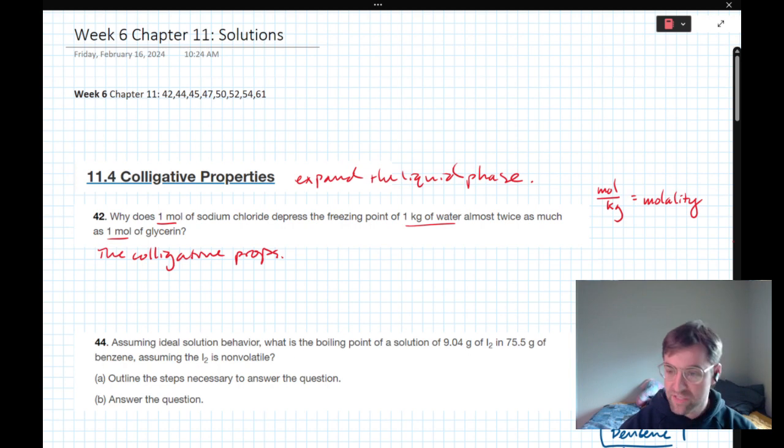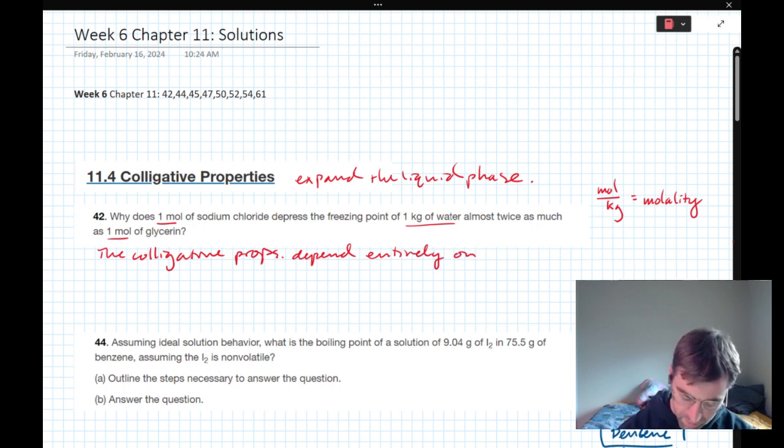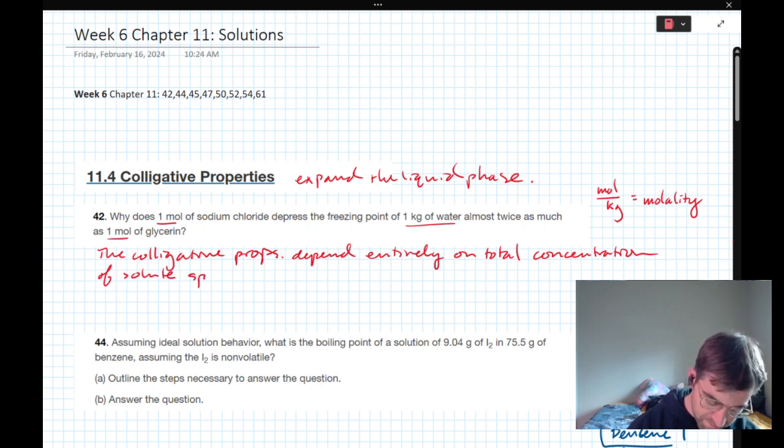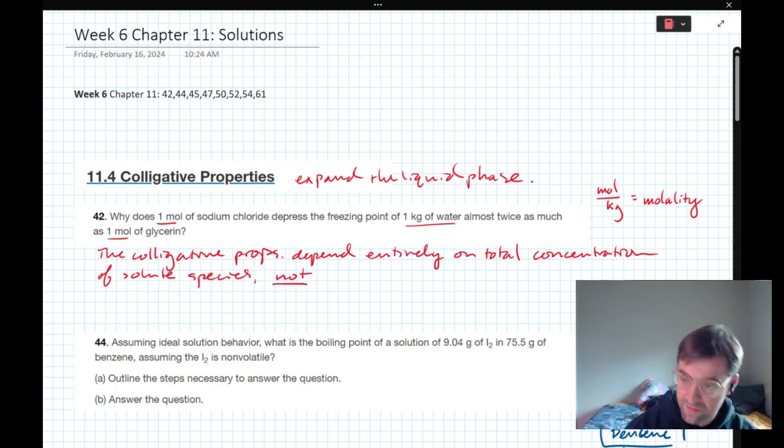The colligative properties depend entirely on total concentration of solute species and not their identity.